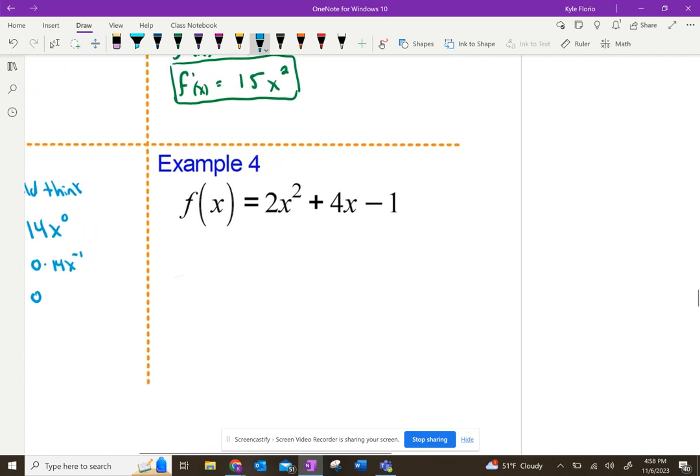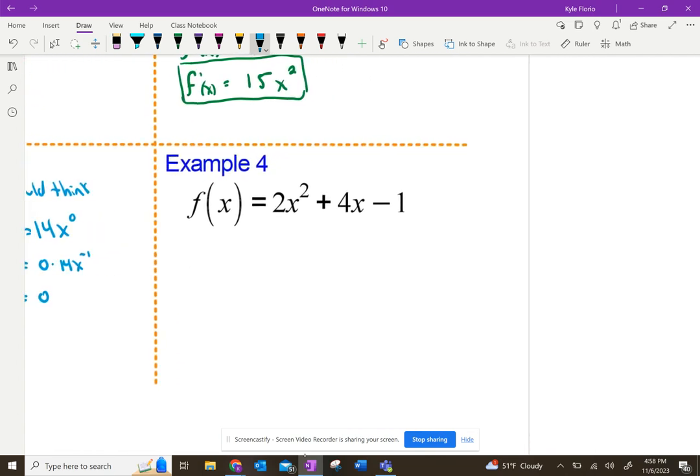Here I have a sum and a difference. I have a couple things going on here. Nothing to worry about. The derivative of a sum is just the sum of the derivatives. So if I take the derivative of 2x squared, 2 times 2 is going to be 4x to the 2 minus 1, which is just 1, so I'm going to write 4x.